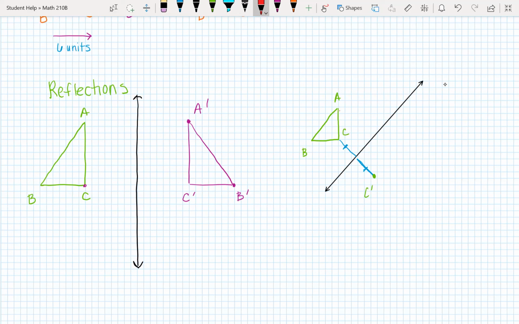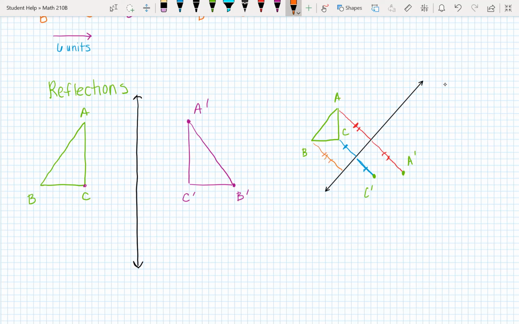Similarly, I'll make a line here that's perpendicular to the line of reflection. This length is going to be the same as this length. And so I'll have point A approximately here, or A prime, the new reflection point. And then for our last point, which would be point B, we're going to go like this.